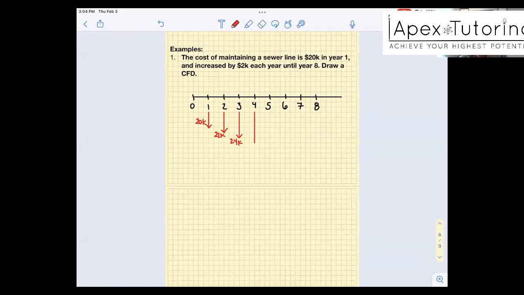And then? 26. Okay. Next. 28. Next. 30. Next. 32. And last, 34.